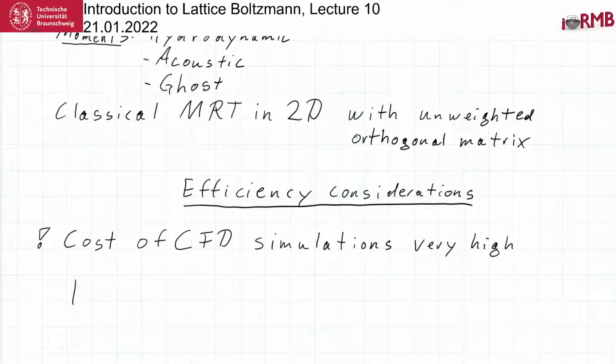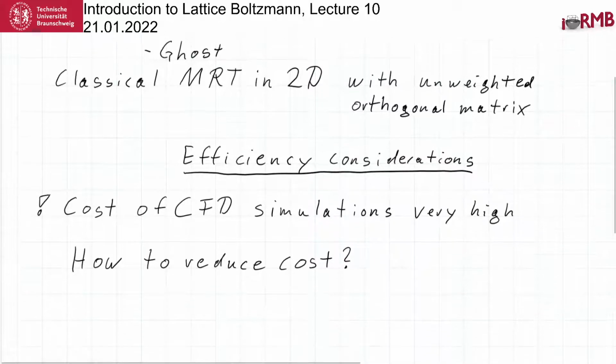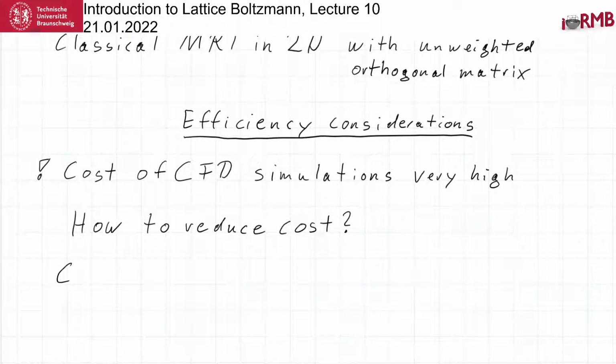So we actually have to quantify the cost in order to reduce it. So how to reduce the cost? First, we have to understand the cost. And for this, we have to make a model. So we introduce the computational cost.